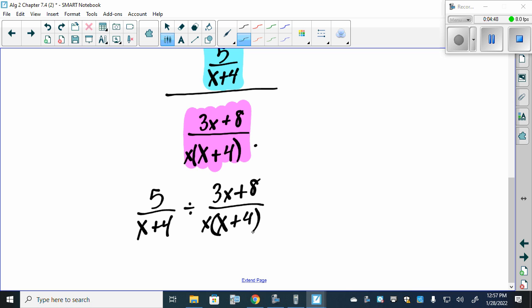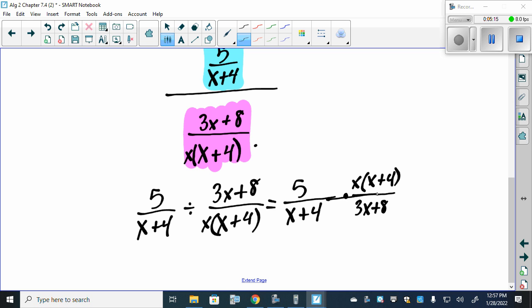We get this here. Now, whenever we divide two fractions, we change it from division to multiplication, and flip the second fraction. If we're multiplying them together, they're all going to end up on the same bar.